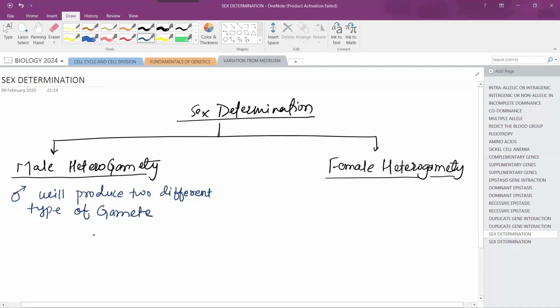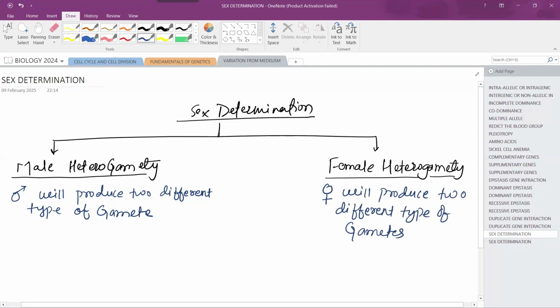Okay, two different types of gamete, but in this case the female will produce only one type of gametes.